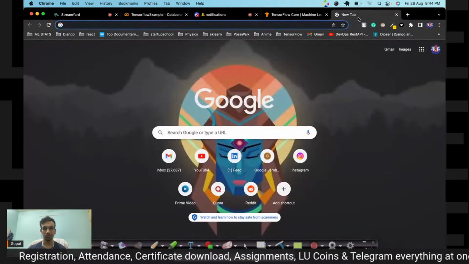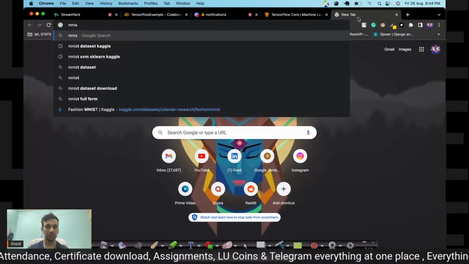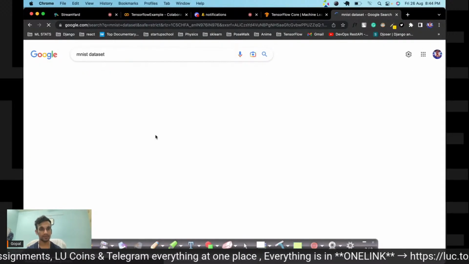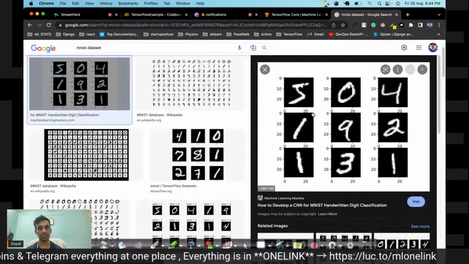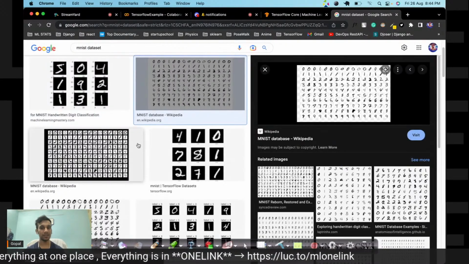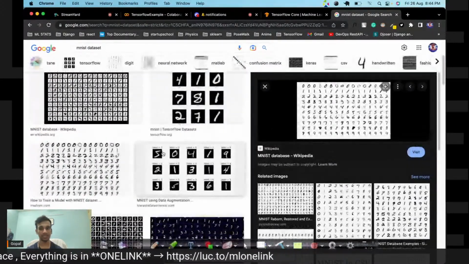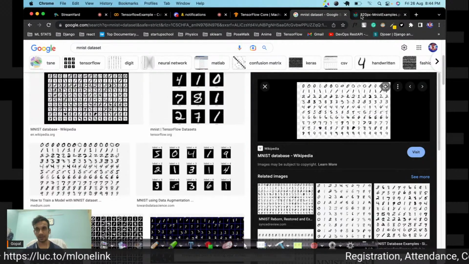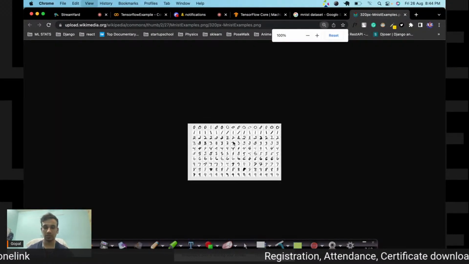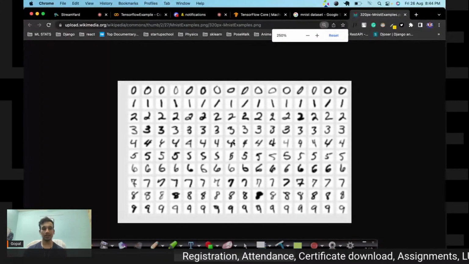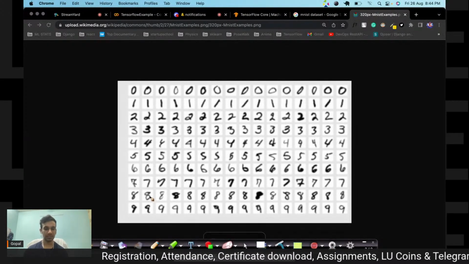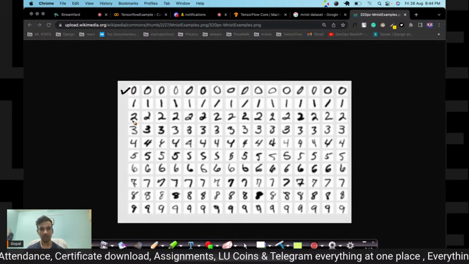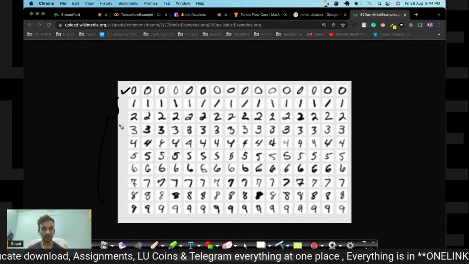If I show you the MNIST dataset and one of those images, you can see all of those values are digits. These are handwritten digits. This is 0, this is 1, 2, 3. You can see for yourself, right?